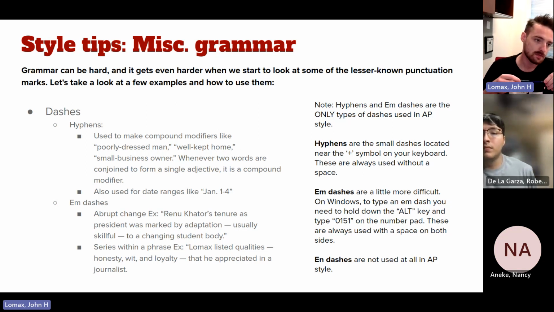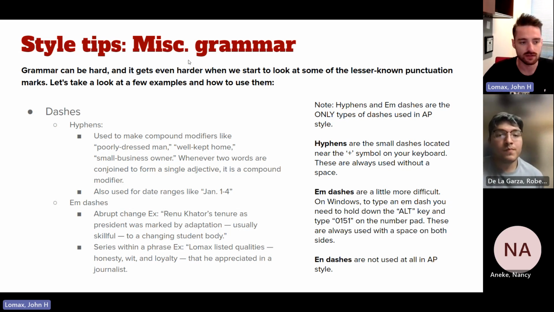But what I wanted to cover a little bit today was dashes. So basically in AP style, there are two accepted forms of dashes. One of them is the hyphen. The hyphen is the little dash that's located next to the plus sign on your keyboard. Now this is going to be used to make compound modifiers.